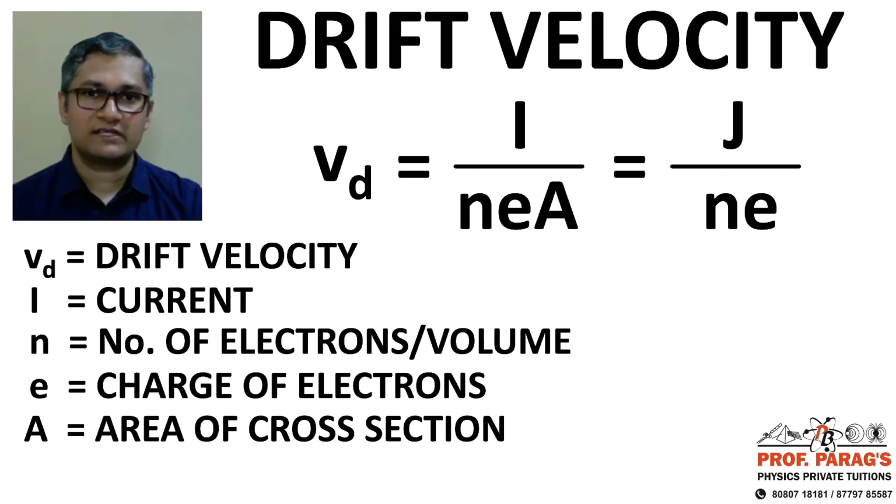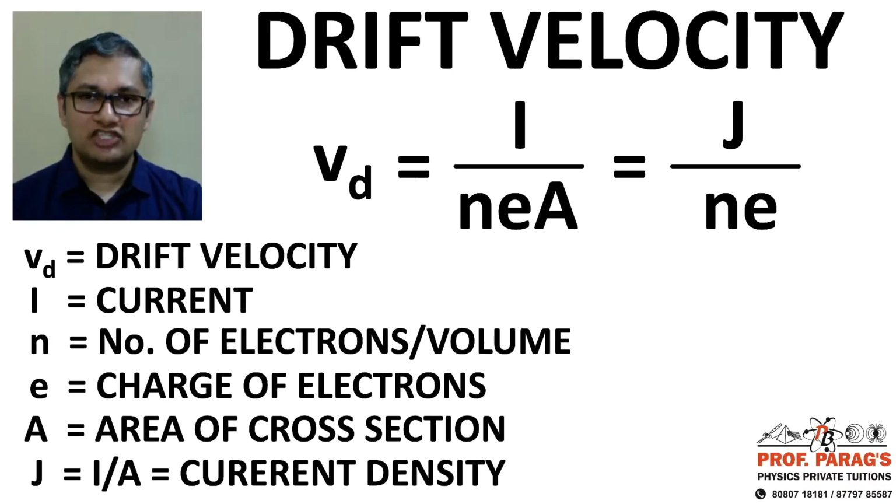In the previous case we had considered a cylinder, so it is the area of cross section of that cylinder. And J, which is I upon A, this I upon A is what we had substituted as J. That is what we call current density, or to be more precise, we can say it is areal or superficial current density, because it is current upon area.